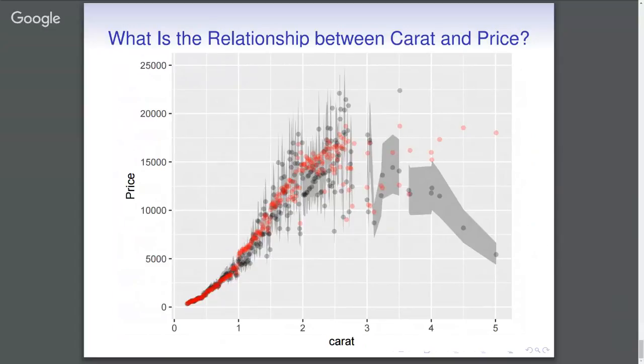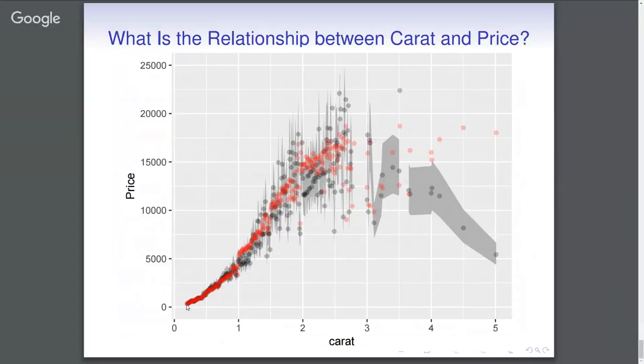So here, the gray lines reflect 90% intervals of this posterior predictive distribution. The darker points are the posterior medians, and the red points are the average of the actual prices observed in the data.